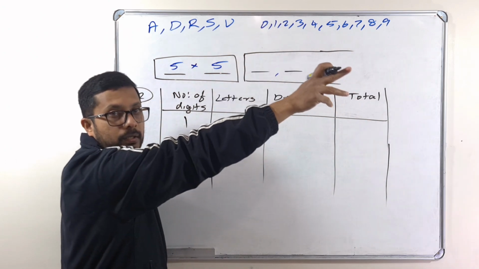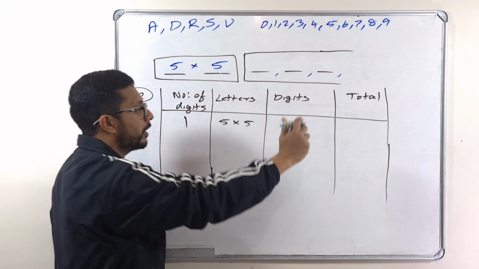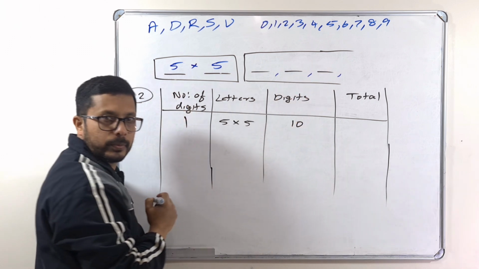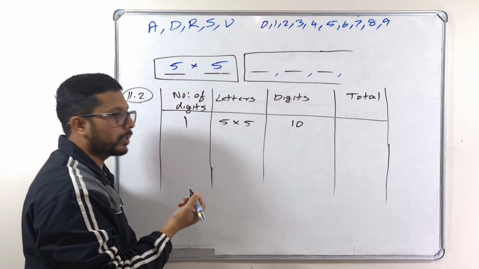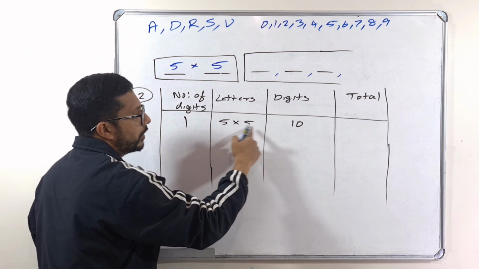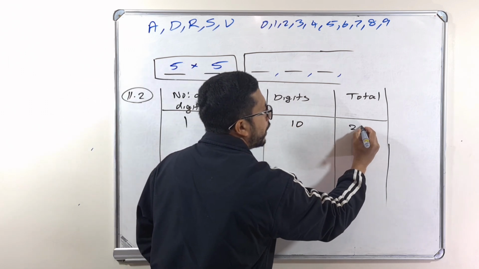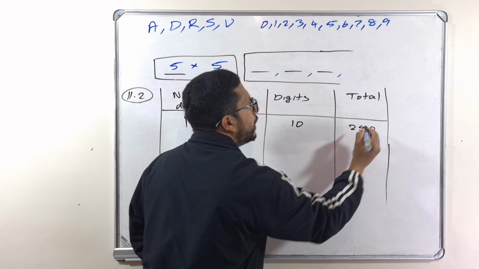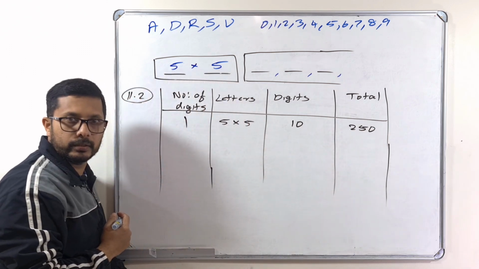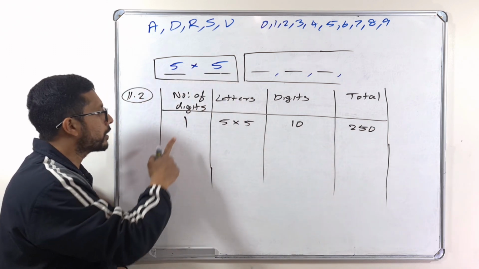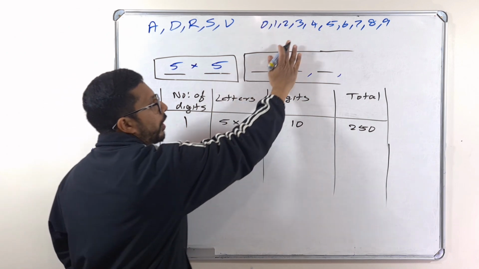I can take any one of those 10 numbers, so I have 10 different options. So total, 5 times 5 times 10, that is 250 different codes I can make, using only 1 digit.